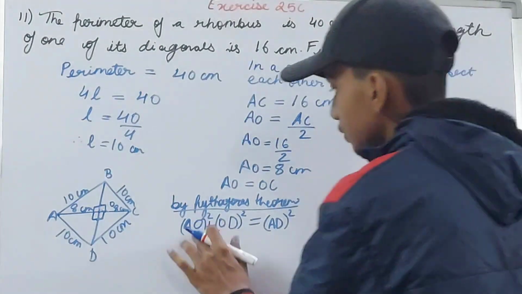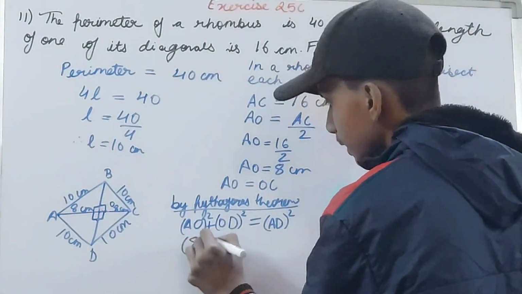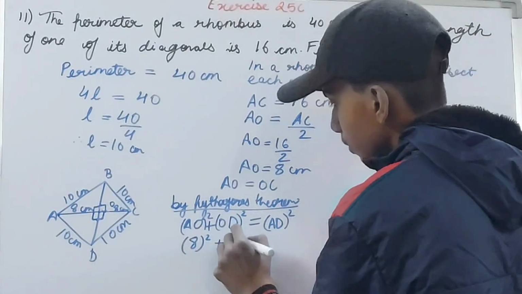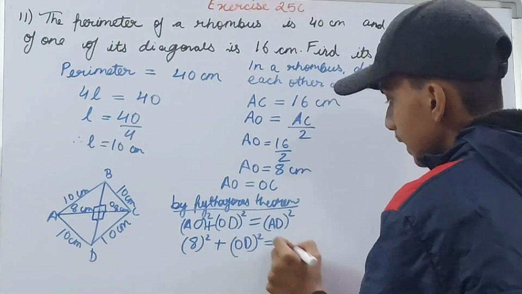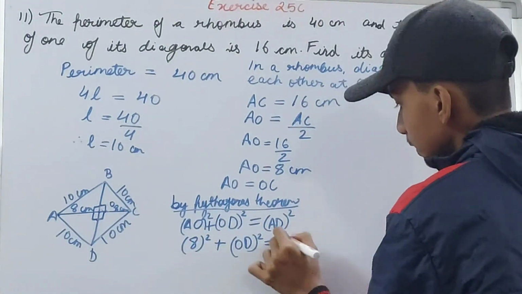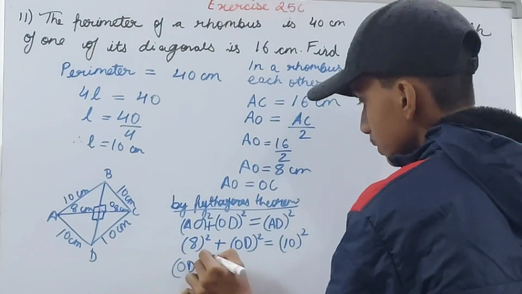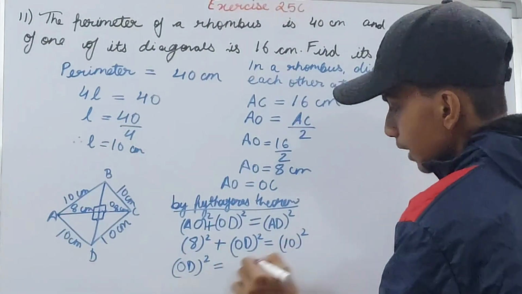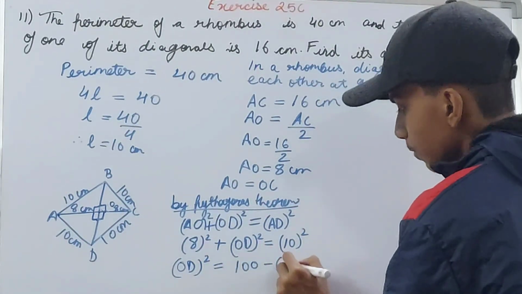Now put the values. AO is 8 centimeters, that means 8 square, plus OD square as it is, equals AD square. AD is 10 centimeters, so 10 squared. So OD square is equal to 10 square, which is 100, minus 8 square, that is 64.